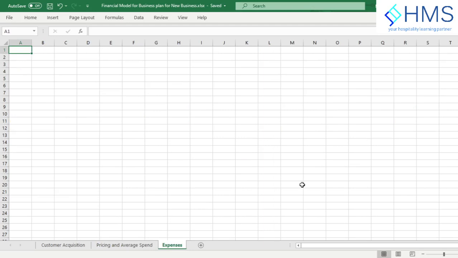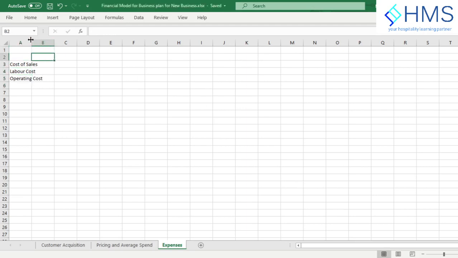Now we are going to model the expenses. First we have to set up the worksheet. There are going to be three expenses, as we have seen in the previous module: cost of sales, labor cost, and other operating cost. Now we are going to build that up here.